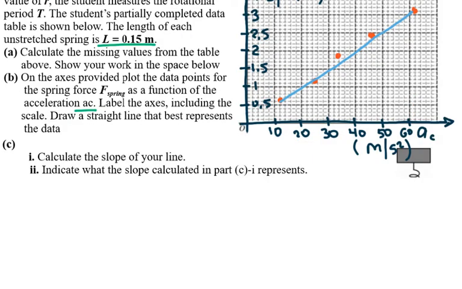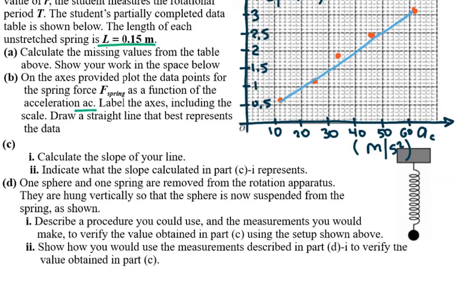So for part C, they ask you to calculate your slope.